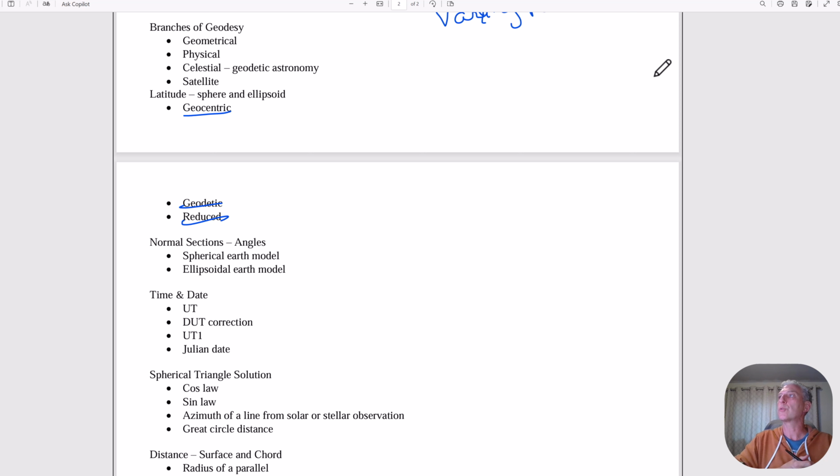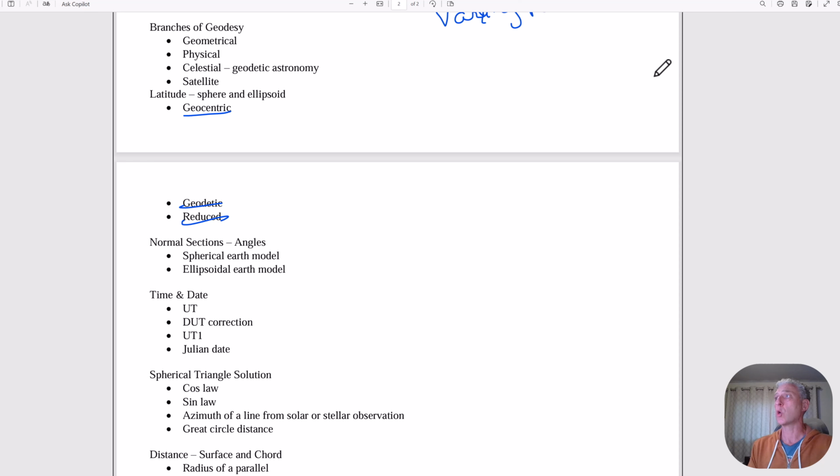But those 3 for sure, be familiar with how they're constructed and be able to sketch them. If asked, demonstrate a reduced latitude. You should know that. You should also know the conventional symbols we use, the beta, psi, phi, and which one goes for which.